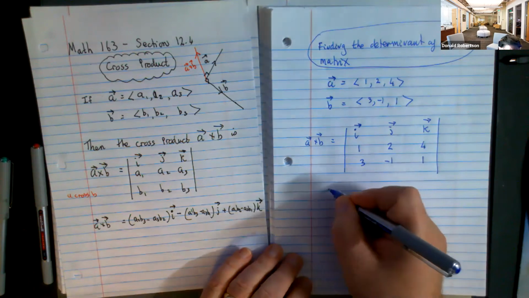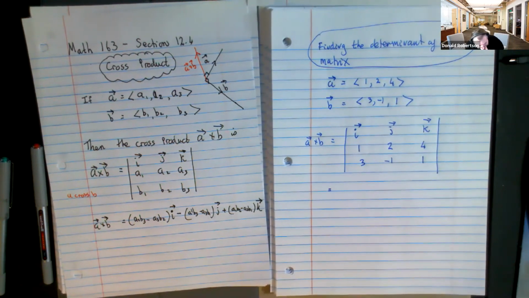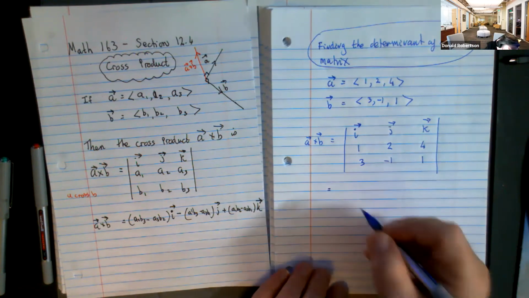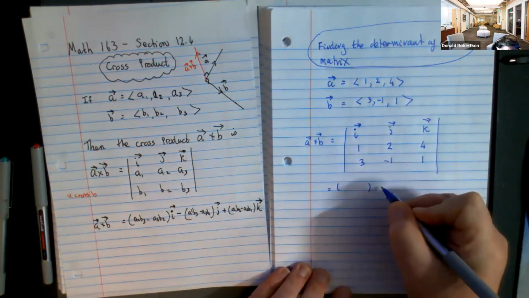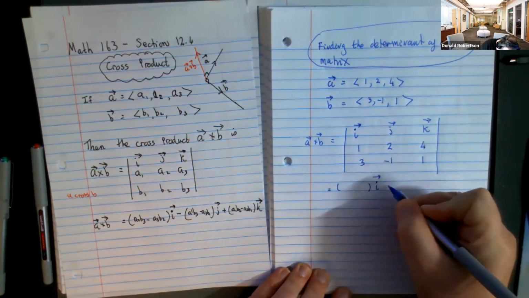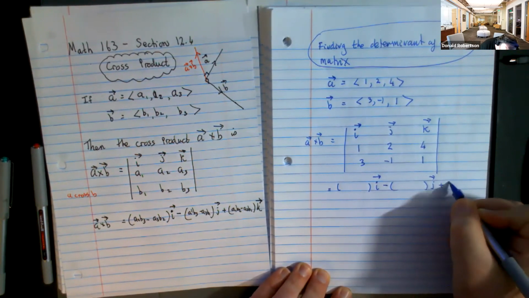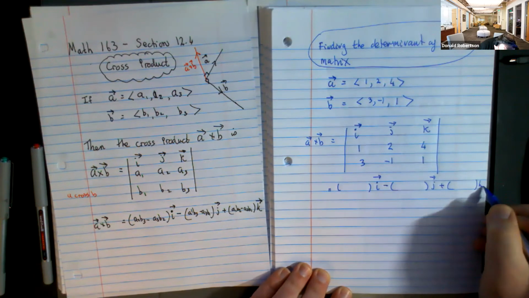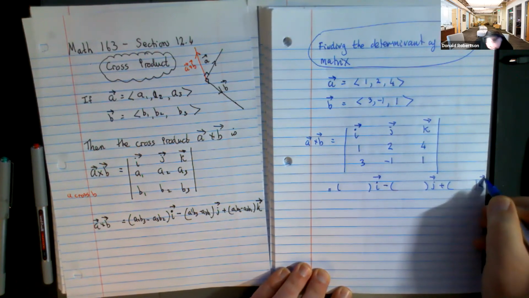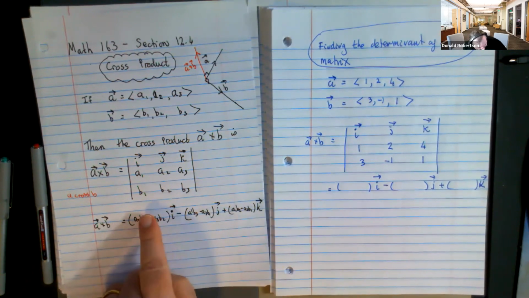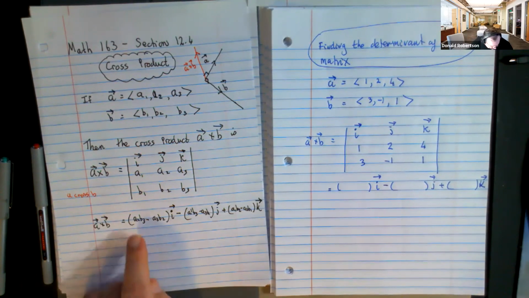Now, to get the determinant of this matrix, there's going to be 3 pieces. There's going to be an I component, a j component, and a k component, essentially what this is saying. But I'm not going to use these formulas.